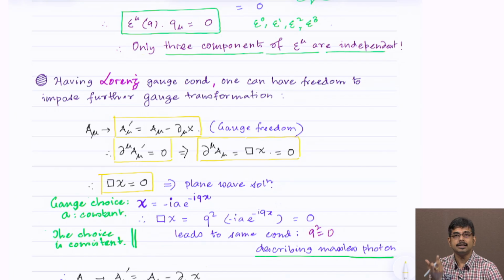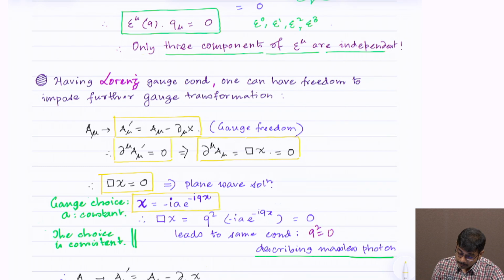Now, what will be the solution? This chi is a scalar field, or rather a scalar quantity. Scalar field, it's better to say, because I am assuming a mu to be a field itself. So, box of chi equal to 0, what kind of solution can it give? You can say that chi is equal to e to the power minus I q dot x or something like that, right. I will say yes, you are absolutely right, but I am going to dress it up a little, and say that the solution can be written as chi is equal to minus I a into e to the power minus I q x.